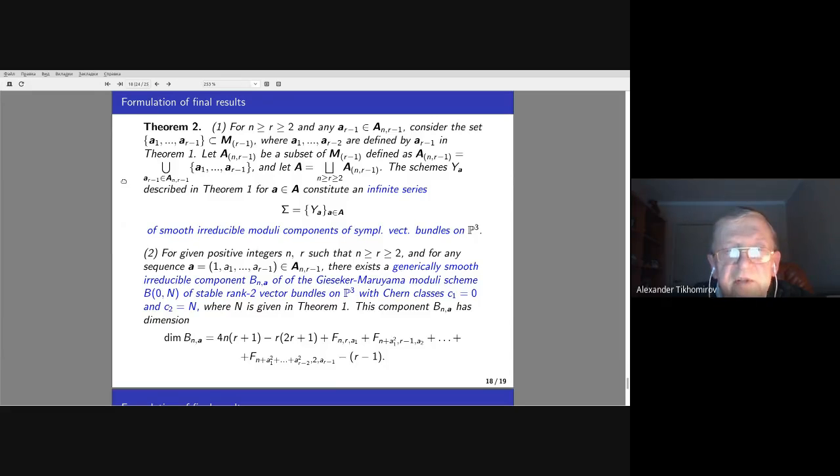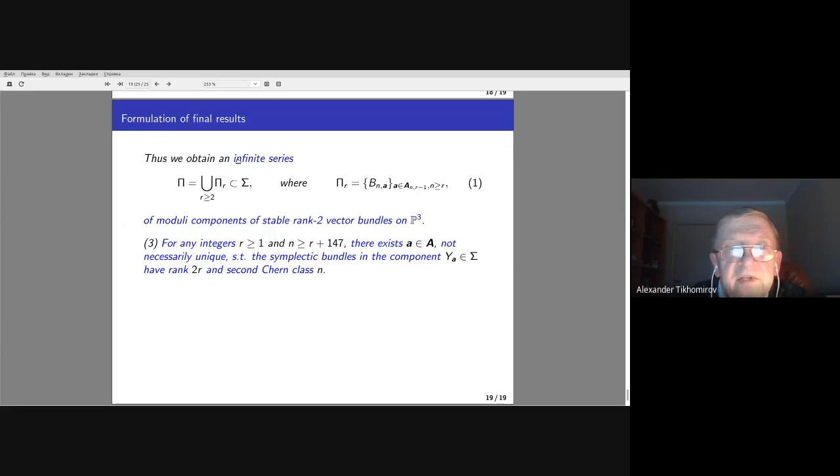So it is again bigger than the dimension prescribed by the deformation theory, but nevertheless, we thus obtain an infinite series, which I denote, say, by capital Pi, of this subseries of Sigma of symplectic bundles of arbitrary ranks, where Pi is just this subsequence of modular components of stable rank 2 vector bundles on P3.